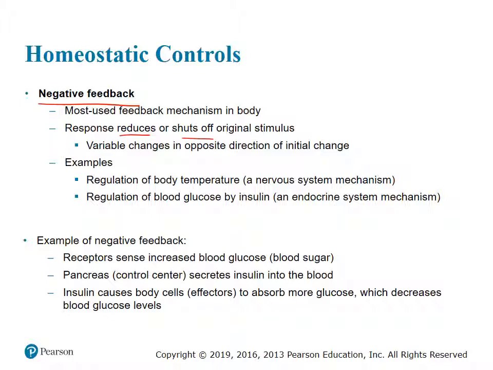The variable changes are opposite. So if something makes something go up, then the response is going to make it go what? Down. Right? Or if something goes down, the effector is going to cause it to go up.